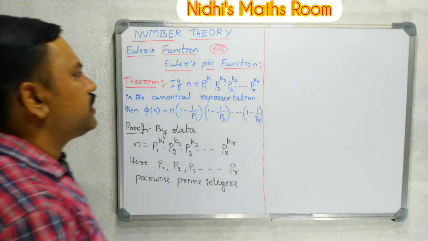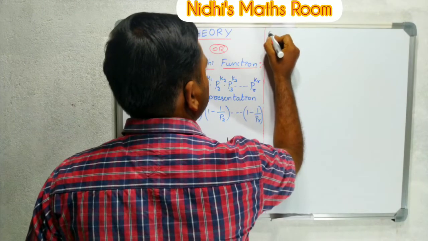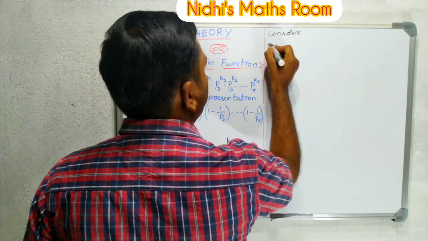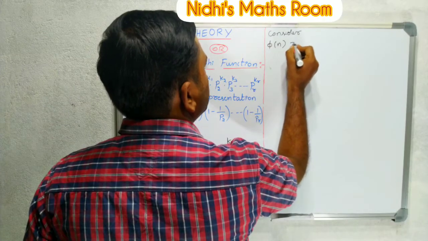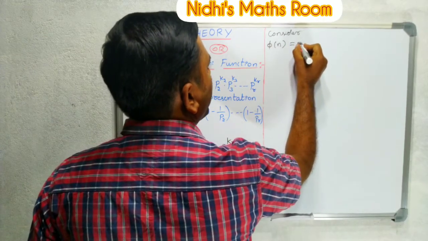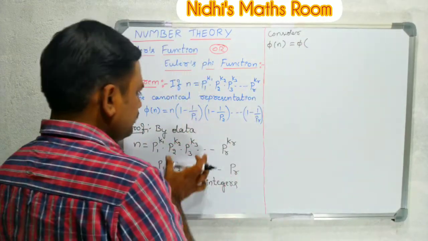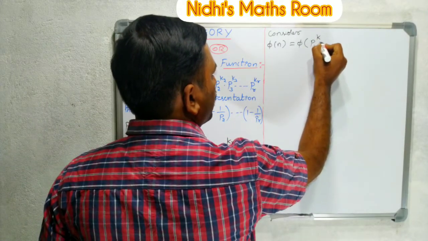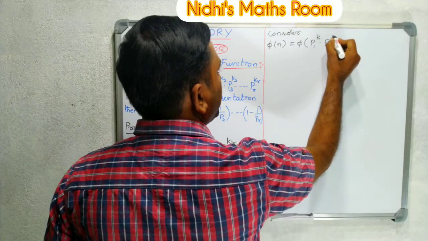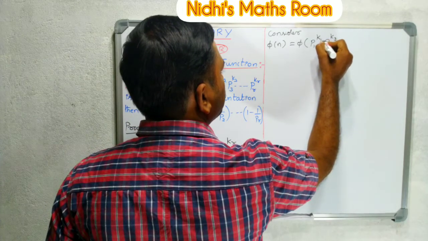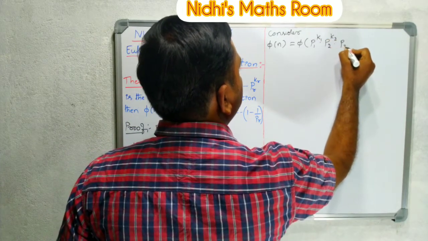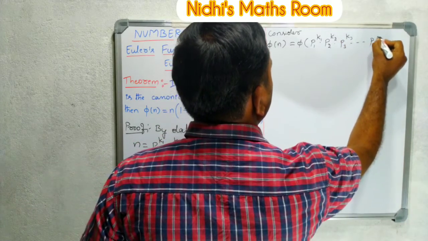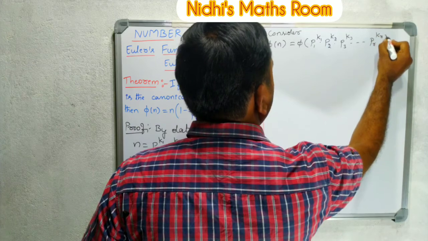Okay, next I consider phi of n. See here, phi of n is nothing but this one, p1 to the power of k1 into p2 to the power of k2 into p3 to the power of k3 so on pr to the power of kr.